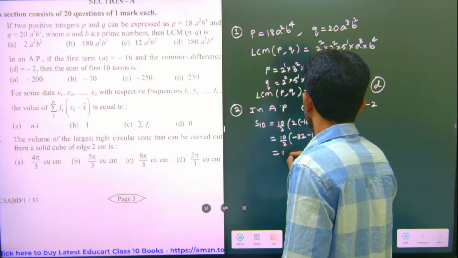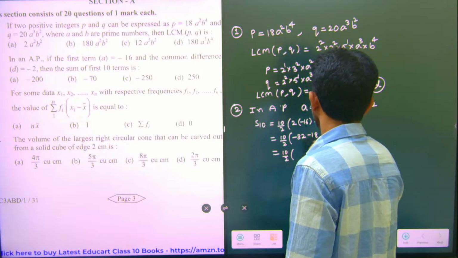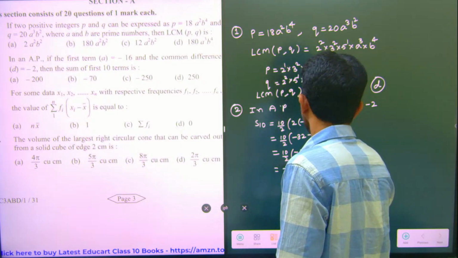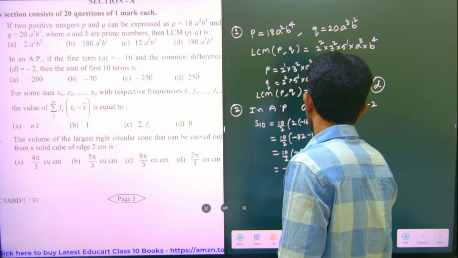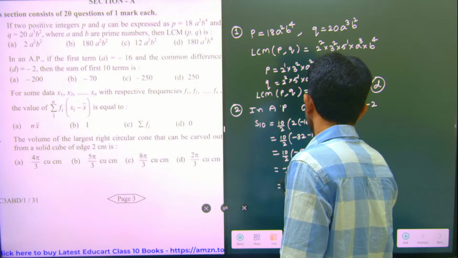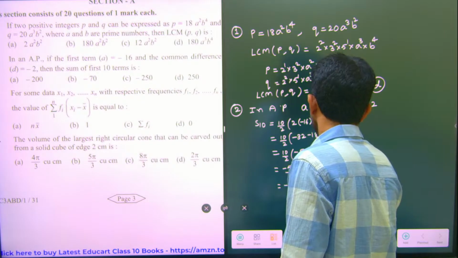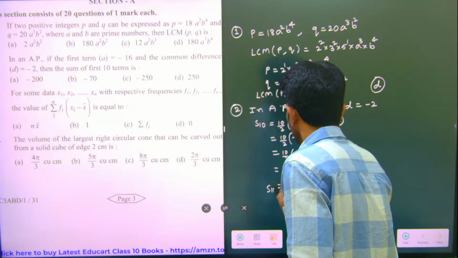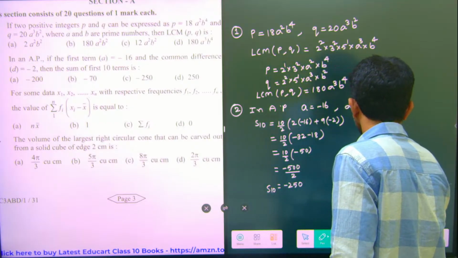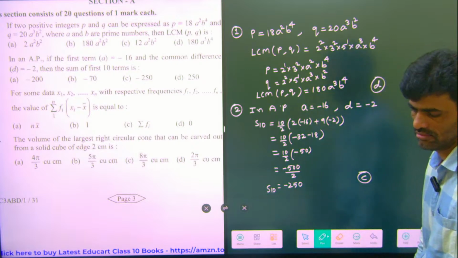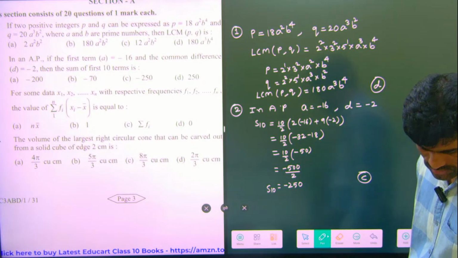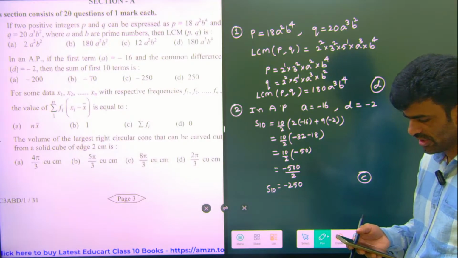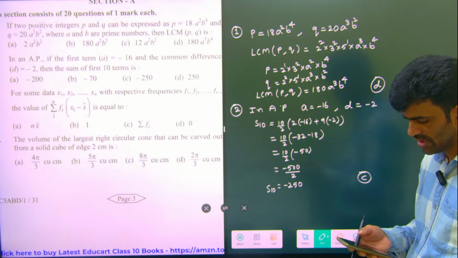So that is 10 by 2 into minus 50. 10 into minus 50 is minus 500 by 2, which is minus 250. Which option? Option C is correct. It's not A10, it is S10, so it is not just A plus 90.